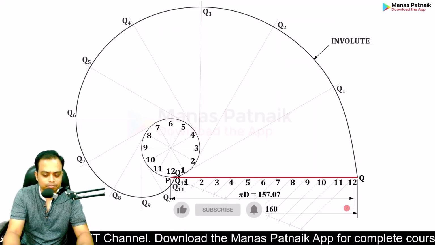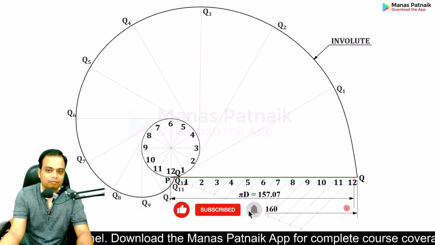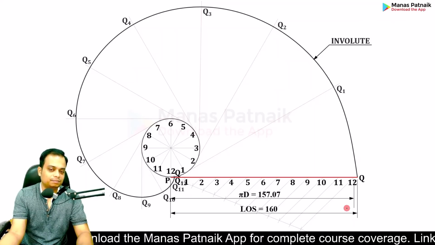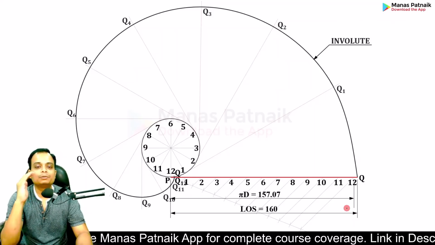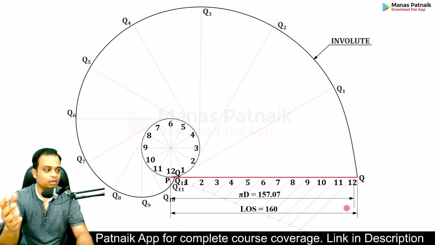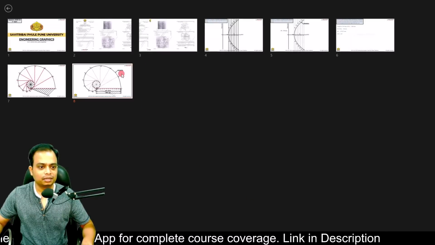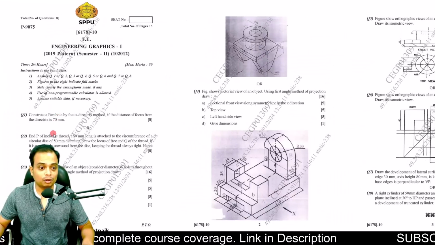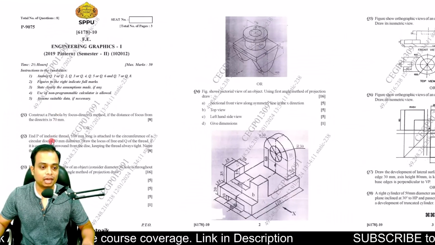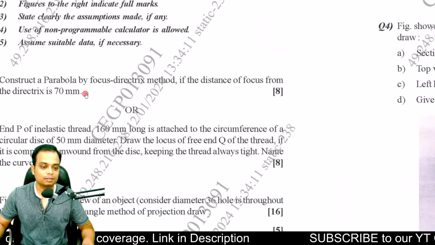I hope it may appear tough to some people, but given the option of either doing a problem on parabola or doing a problem on involute, I would still suggest you to go for the parabola one.